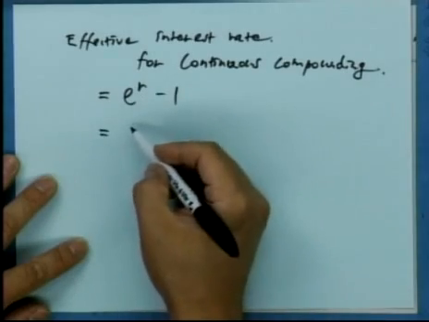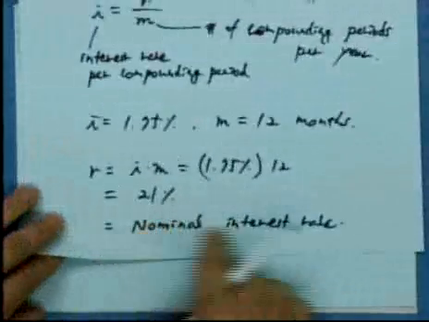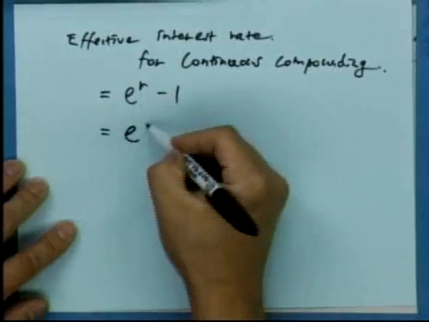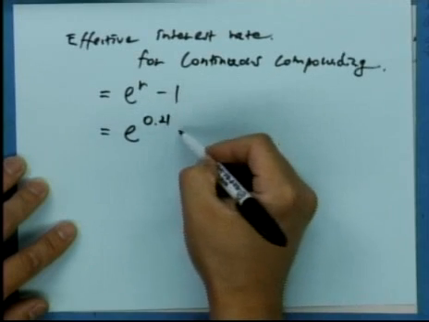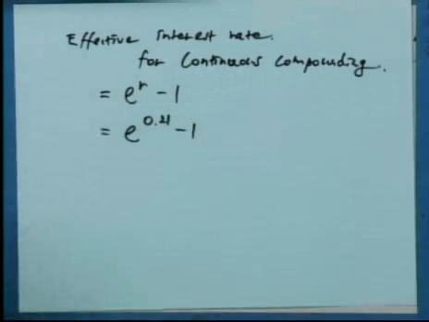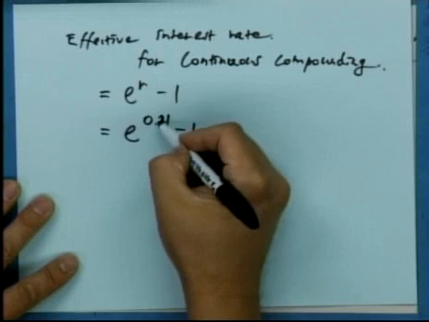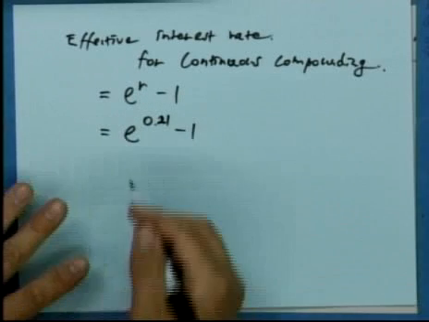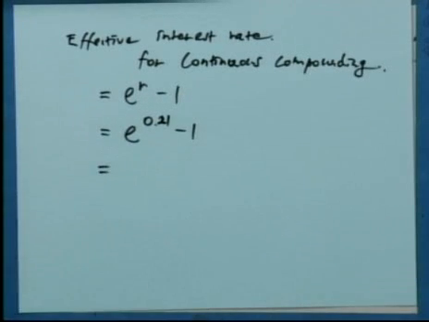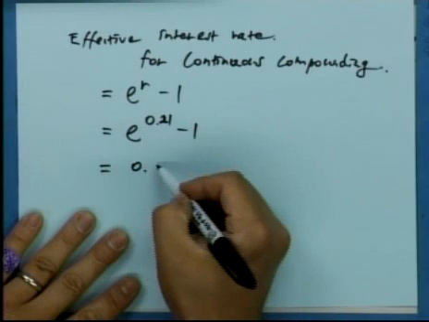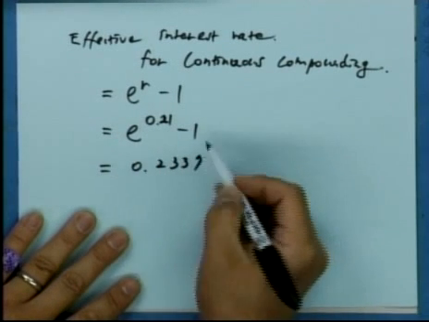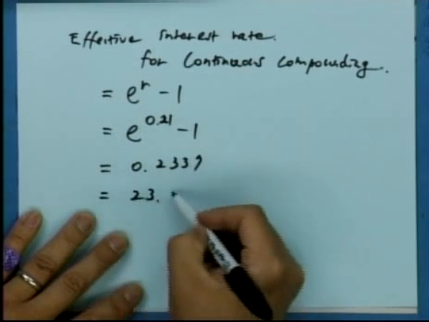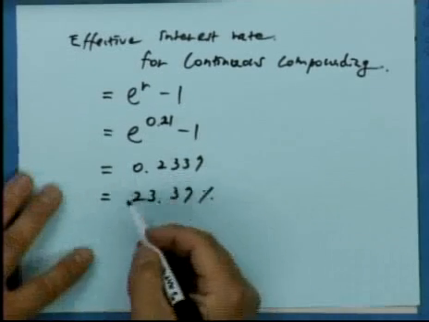So here r, which is the nominal interest rate, is 21%. So this is going to be e to the power 0.21 minus 1, right? So how much is this? 0.2337, so 23.37%.